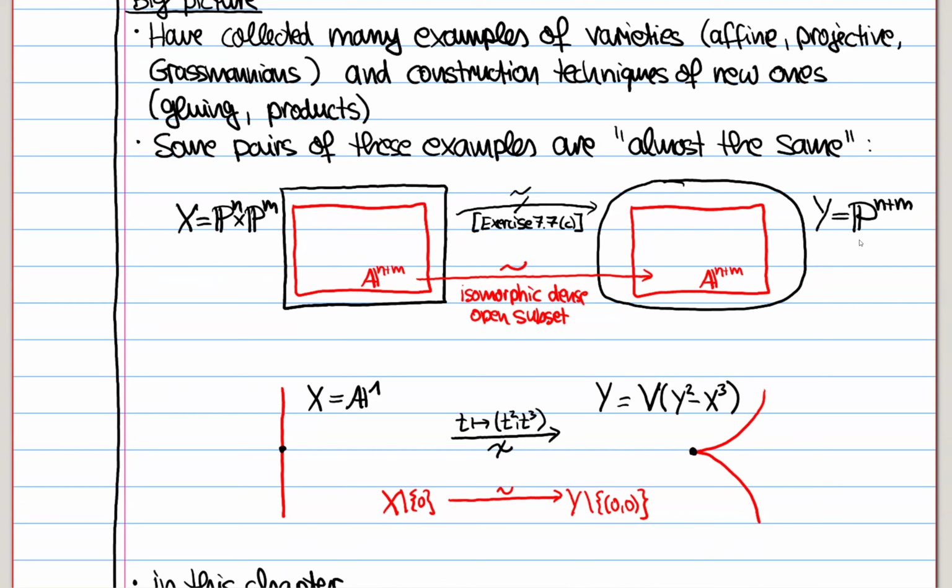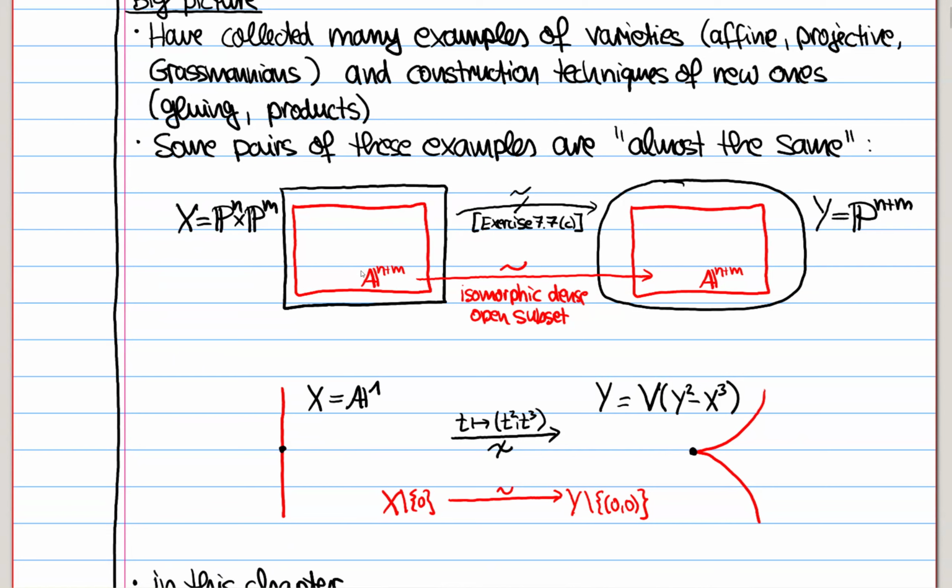They're both of dimension n+m, and they have even a bit more in common because, in this product here, because An is an open subset of Pn and Am is an open subset of Pm, we know that the product An × Am, which is just the affine space An+m, is an open subset of this product here.